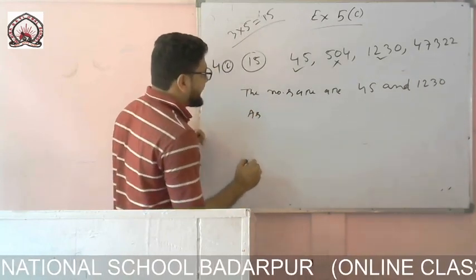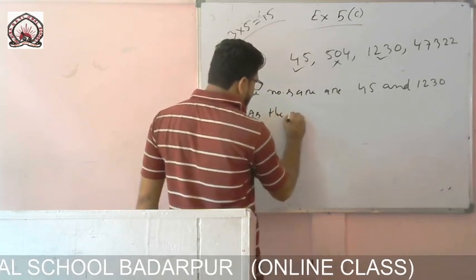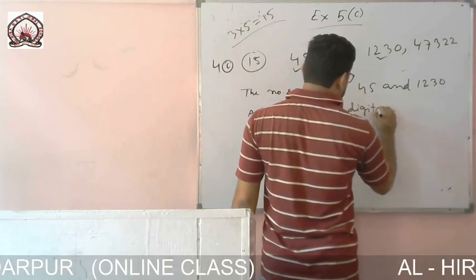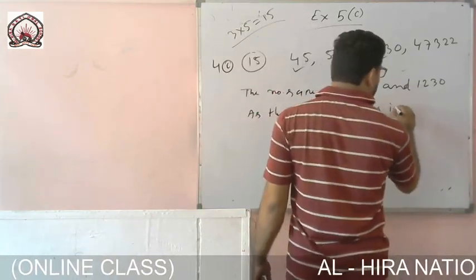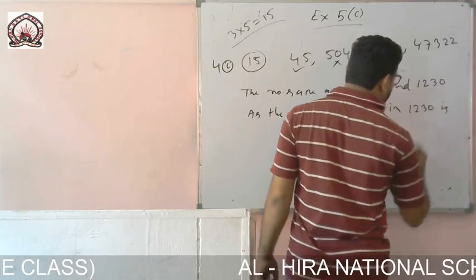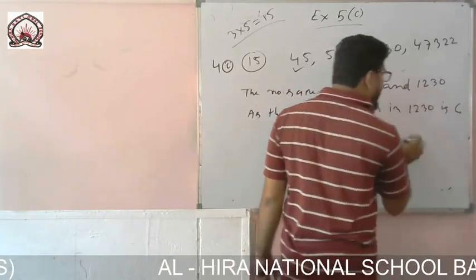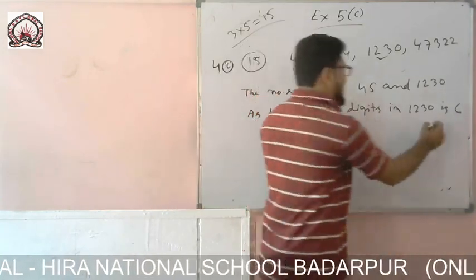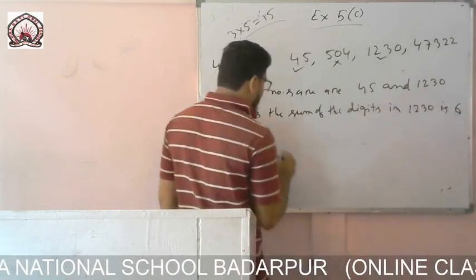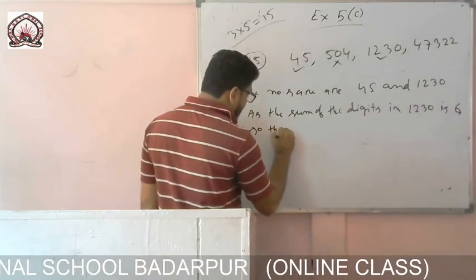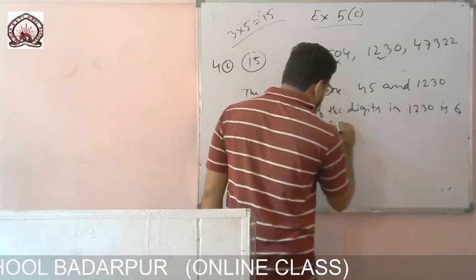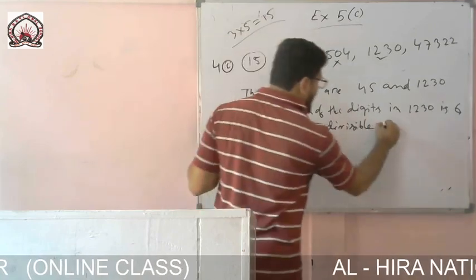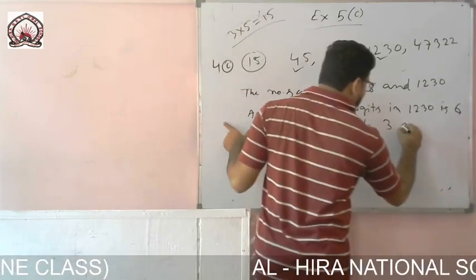As the sum of the digits in 1, 2, 3, 0 is 6 (3 plus 2 is 5, 5 plus 1 is 6), so the number is divisible by 3.